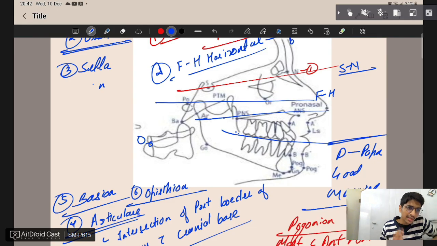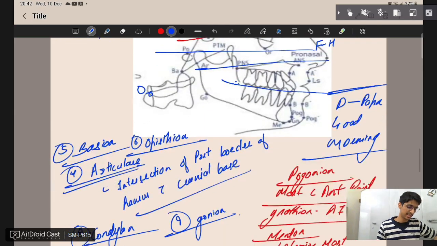The mandibular plane differs for all three analyses, whether it is Tweed's, Steiner's, or Downs. In Tweed's, we take the tangent drawn from the lower border of the mandible, in Downs we take gonion to menton, and in Steiner's we take gonion to gnathion. So without any further delay, we are going to start now with Downs analysis.